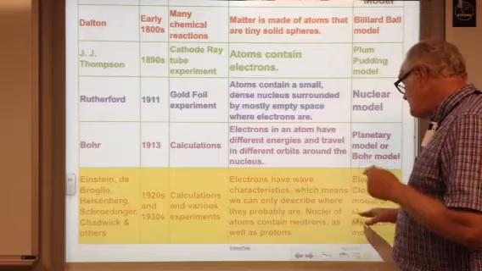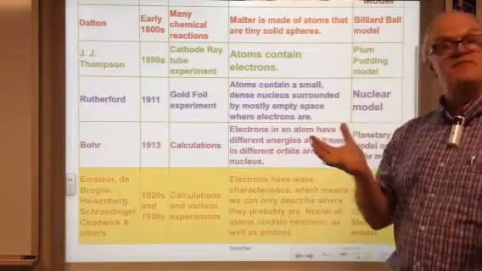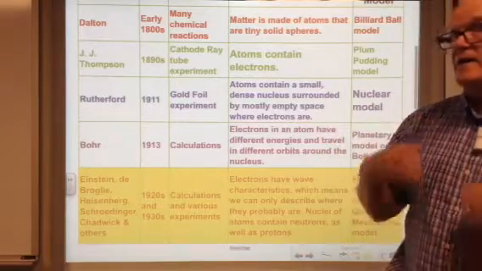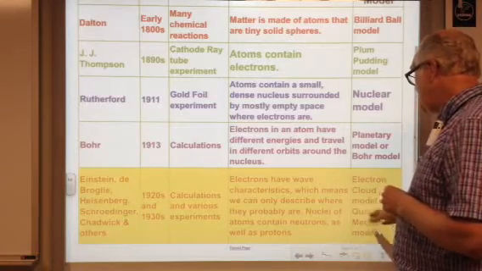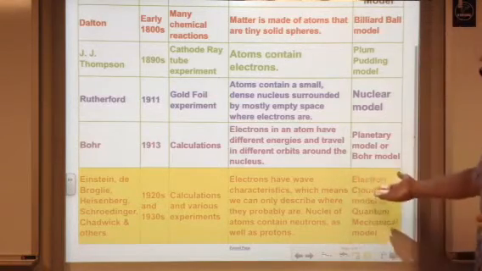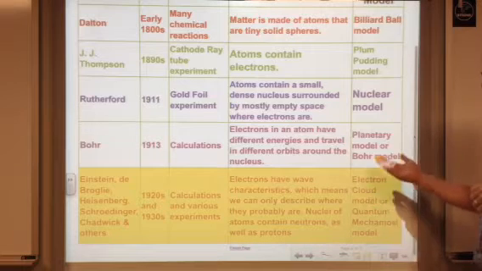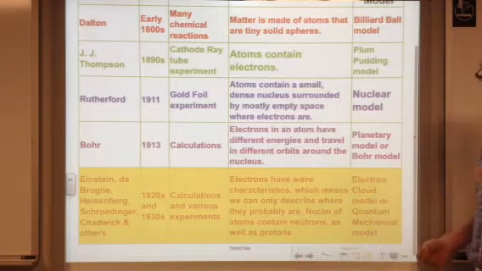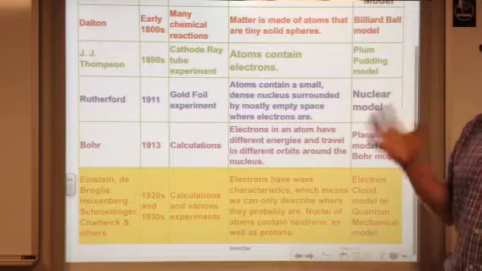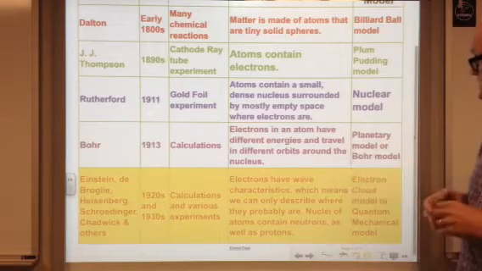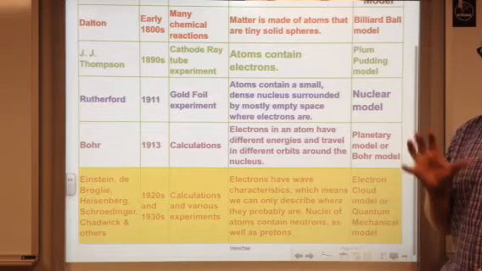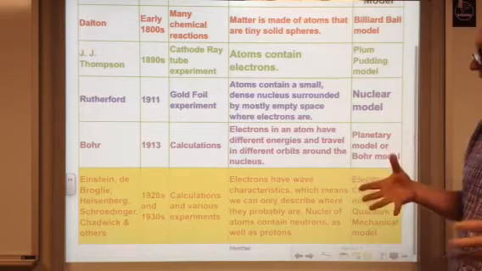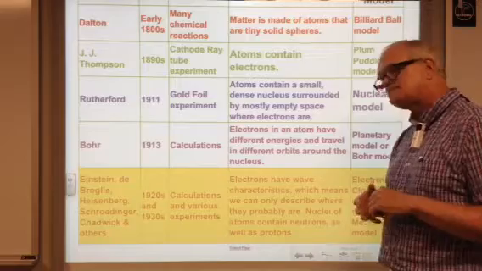And the math that they use to come up with the shape of that cloud and the probability of where an electron is called quantum mechanics. So this model of the atom, the most recent model of the atom, is sometimes called the electron cloud model for the way it depicts the electrons, or it's called the quantum mechanical model after the very, very complicated math that's used to create it.